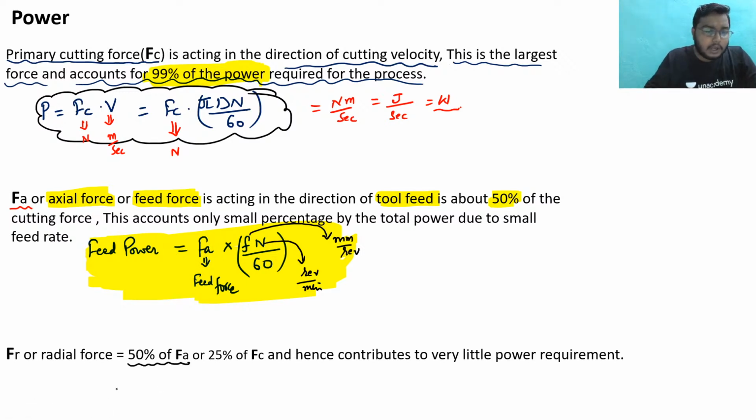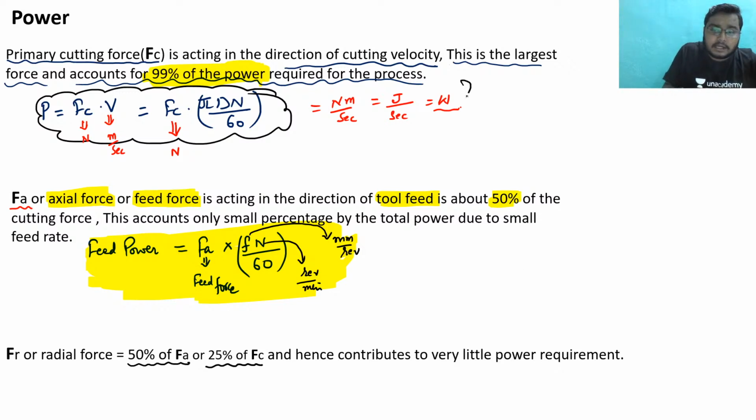So suppose I have a feed force of 100 Newton, then the radial force is going to be 50 Newton, correct? And it is 25% of Fc, the cutting force, and hence contributes very little to power requirements.